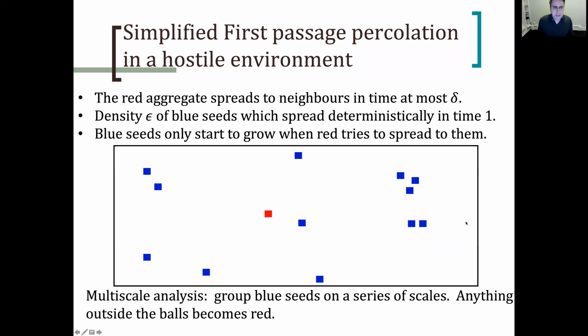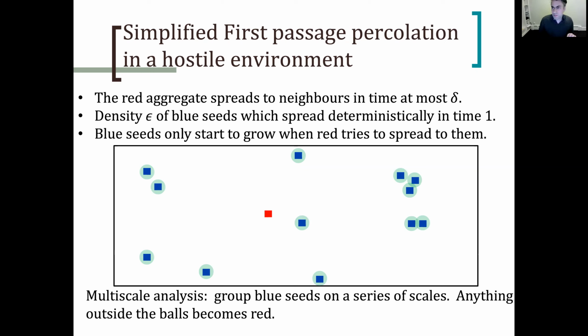Okay, and the way they did this was by saying that, well, if there's just a single blue one sitting there, then as long as the red one is starting far enough away from it, it will be able to surround all but some bubble around the blue one. So let's draw bubbles around each of these blue seeds.